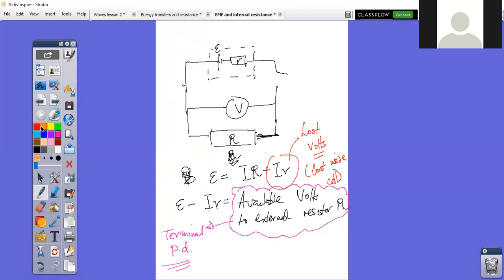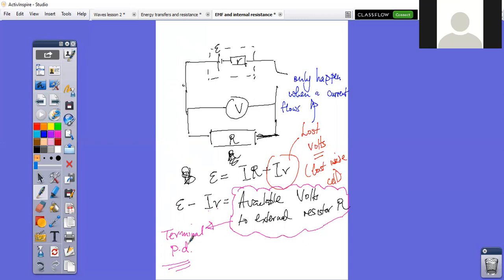Please note. It's very important to remember, I can't emphasize it highly, lost volts only happen when a current flows. Yeah, but that's pretty standard. You have to times the current by resistance, and it would be 0 if the current was 0. You're absolutely right, spot on.